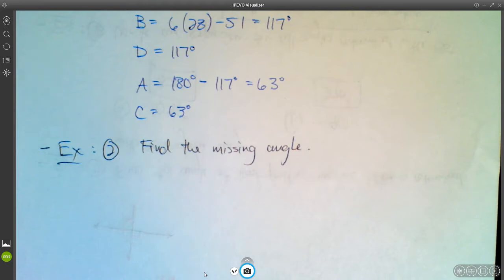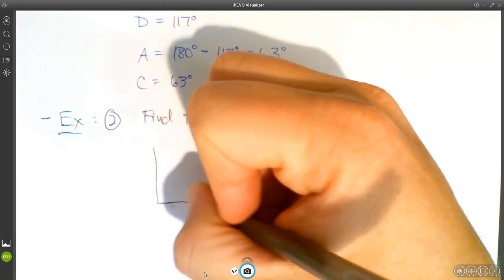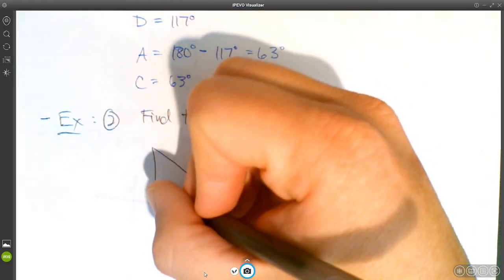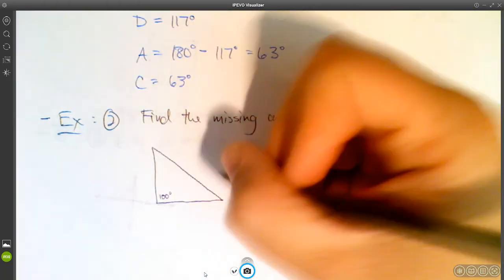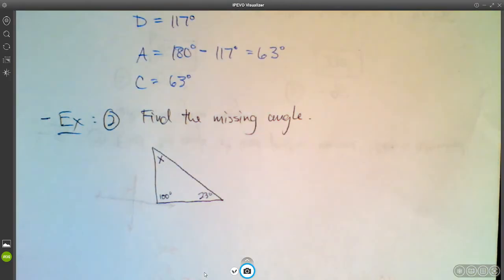What I really mean when I say find the missing angle is find the measure of the missing angle, right? But anyway, so let's say that we've got some kind of triangle. It looks something like this. Maybe this is 100 degrees here, 23 degrees here, and maybe this is x, right? So that's the angle whose measure we are trying to find.